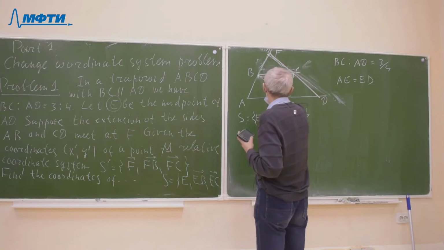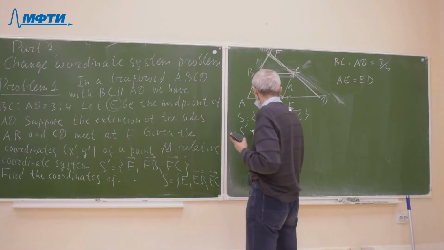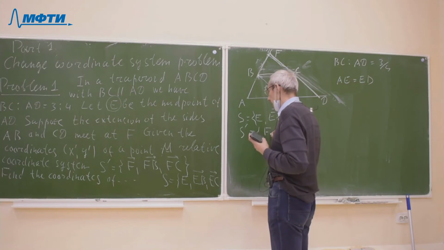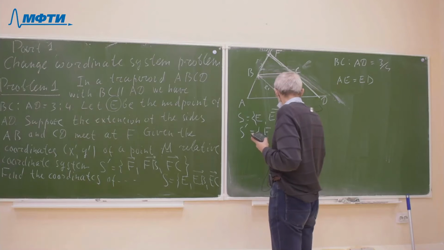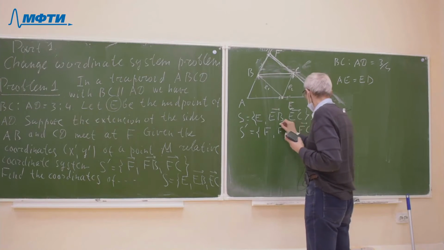Let E1, E2, and we have the new coordinate system S prime, F, FB, FC.